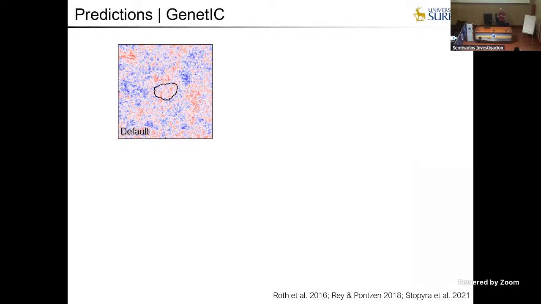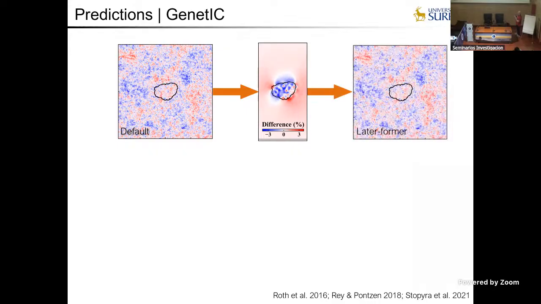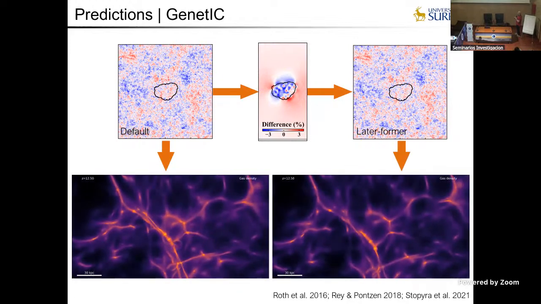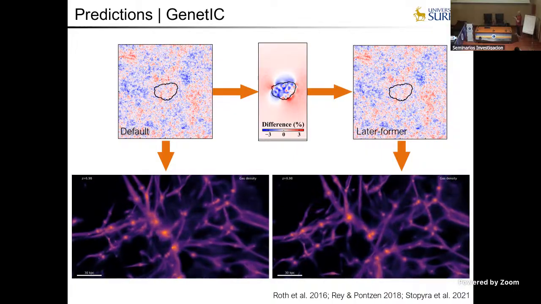And here's an illustration of how this works. You start with a default model, you engineer it to form a little bit later in this case, and you do that in practice by lowering slightly its density at early times. And that now becomes what we call a later former. And if you look at the movie here, there's this merger here that's going to happen. And that's going to merge in there.